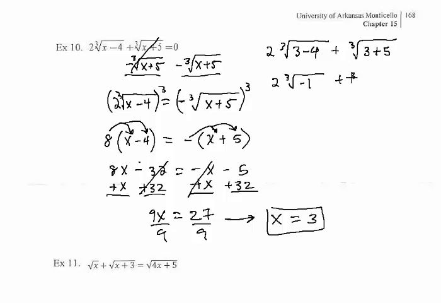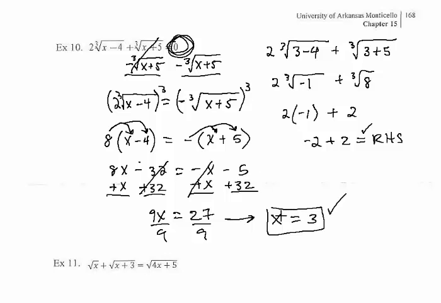Second radical becomes the cube root of an 8. The cube root of negative 1 is a negative 1, so negative 1 times 2. And then the cube root of 8 is a 2. So our situation is a negative 2 plus a 2, and that does equal the right hand side, which was originally 0. So our solution checks out. It's not extraneous.